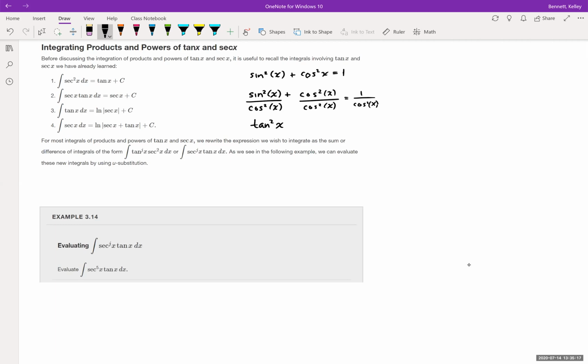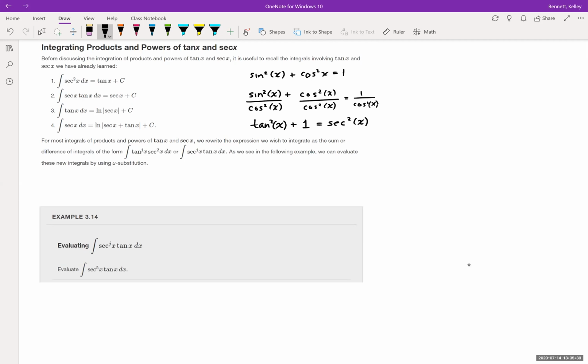Cosine squared over cosine squared is just 1. And then 1 over cosine squared is secant squared. So directly from this sine squared plus cosine squared, I also get the nice formula for secant and tangent, and we'll be using this as well in a very similar way as we did earlier.